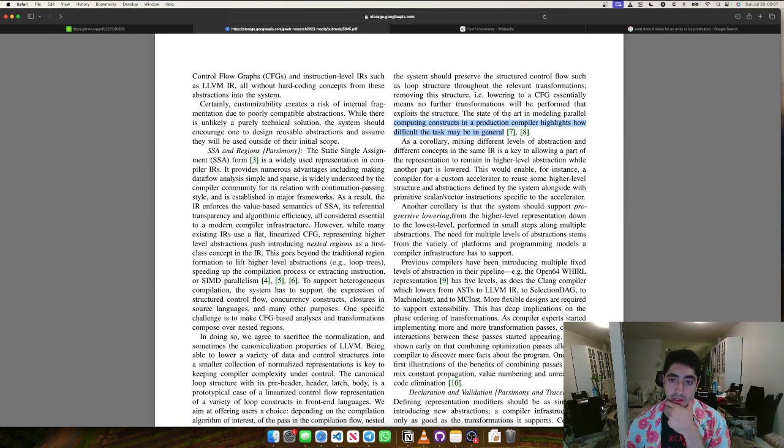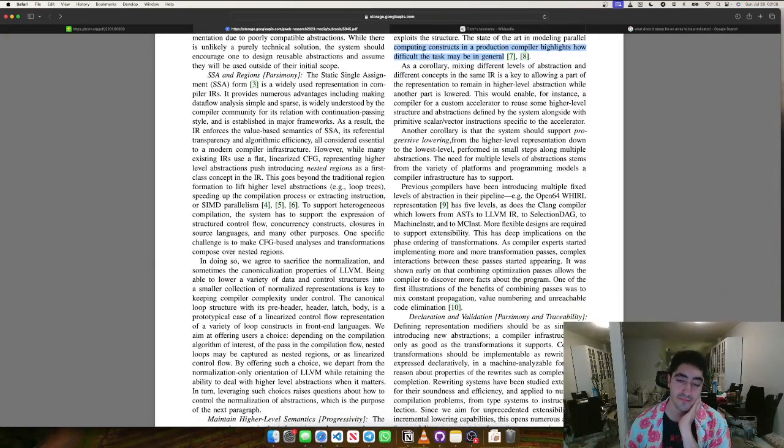As a corollary, mixing different levels of abstraction and different concepts in the same layer is key to allowing a part of the representation to remain in higher level abstraction while another part is lowered. This would enable, for instance, a compiler for a custom accelerator to reuse some higher level structure and abstractions defined by the system alongside primitive scalar and vector instructions specific to the accelerator.